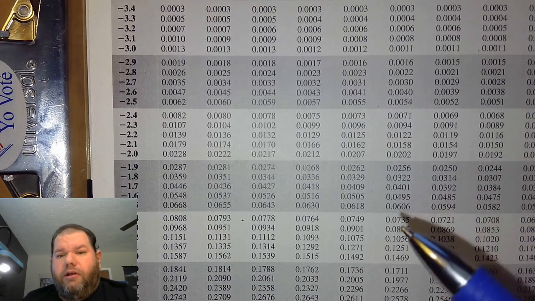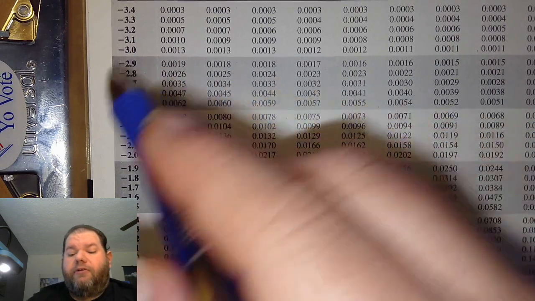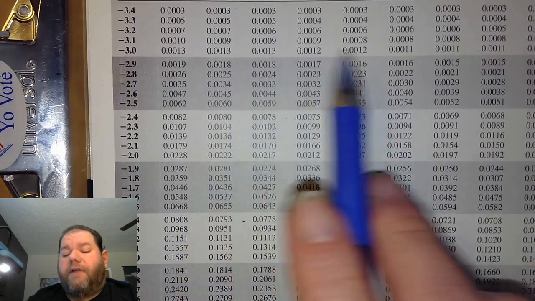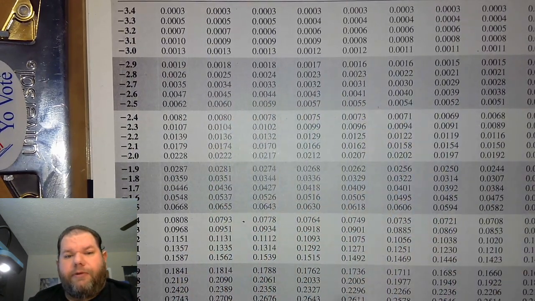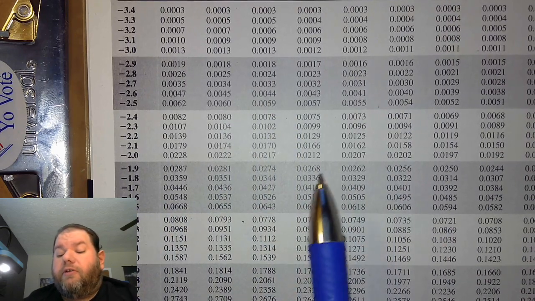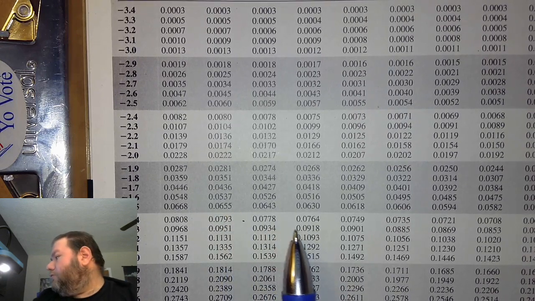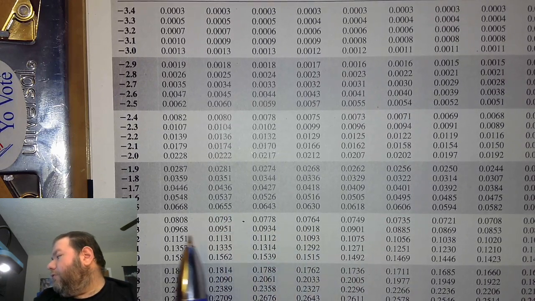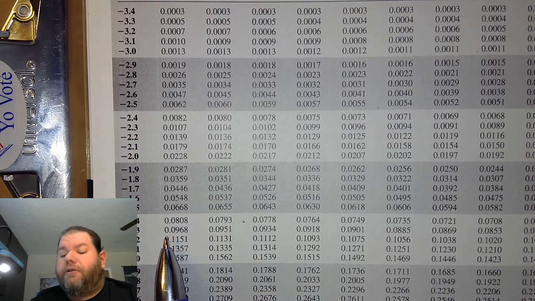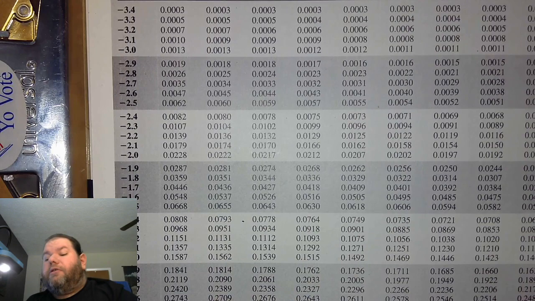When we are looking this up, we're actually trying to find the z value. So we're actually picking a value in the body of the table here and then backtracking to get the z-score. So we need 0.1000. Looks like we're in the right area over here.